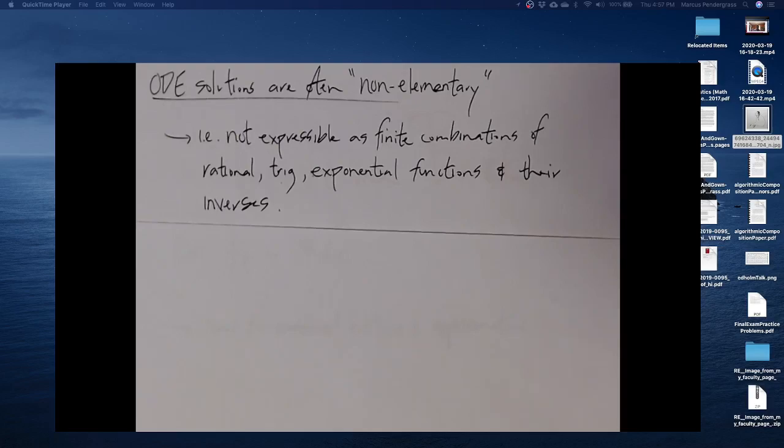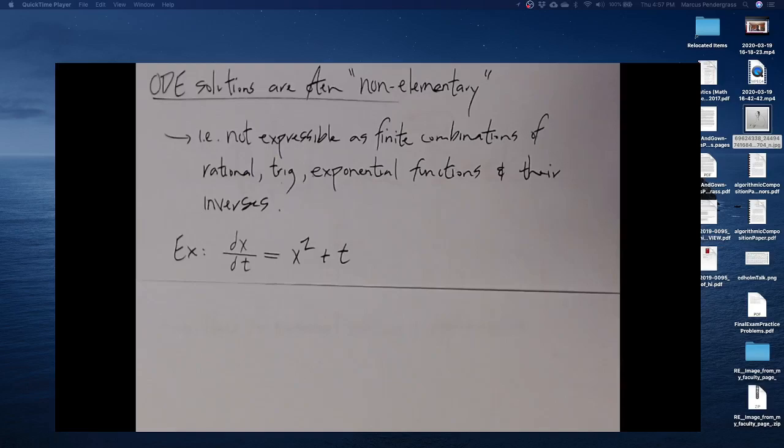That is, they're not expressible as finite combinations of rational functions, and that would include polynomials, right? Trig functions, exponential functions, and their inverses. And so a function like that is called non-elementary, and it's just a fact of life, or a fact of mathematics, that many simple ODEs have solutions that are not elementary in that sense. You can't really write them down in a finite way in terms of ordinary functions.